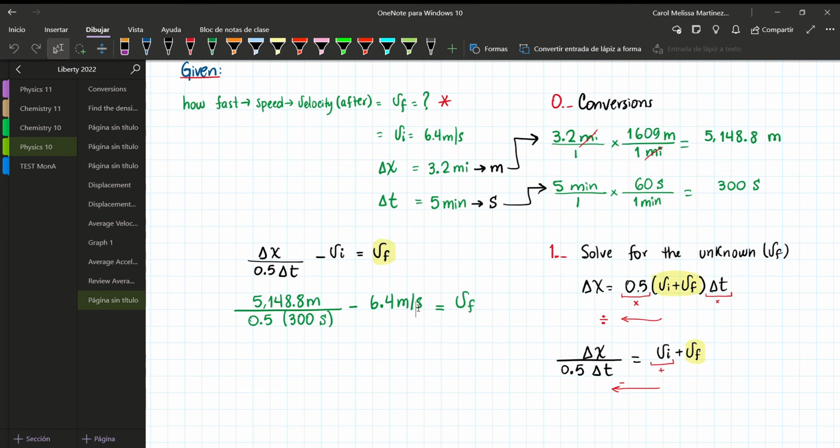Okay. First, I'm going to solve for the bottom part. 0.5 times 300 is 150.